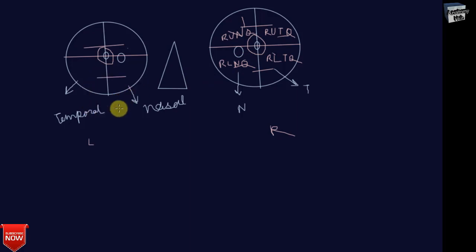In the same way, in your left eyeball you will find the left upper nasal quadrant, and this is your left lower nasal quadrant. On this side you will find the left upper temporal quadrant, and this will be your left lower temporal quadrant.